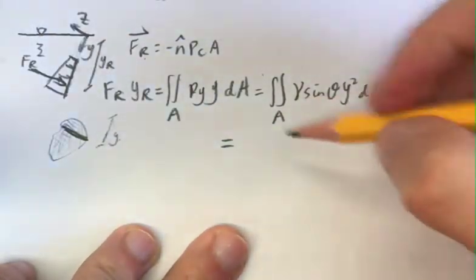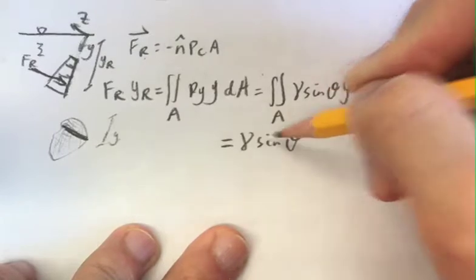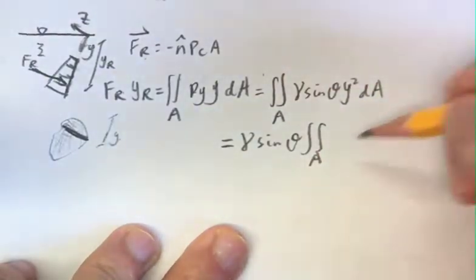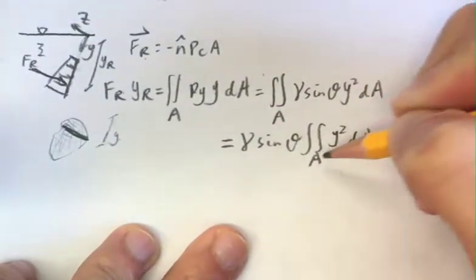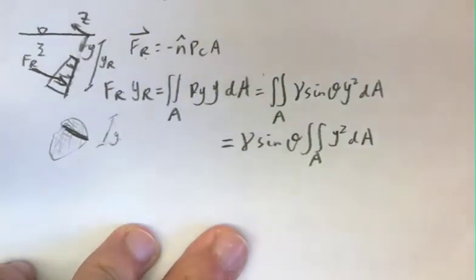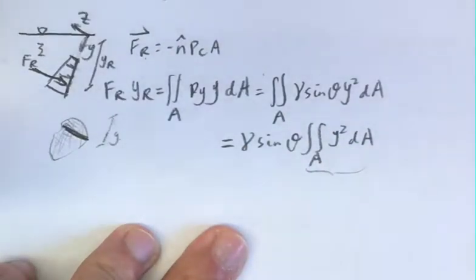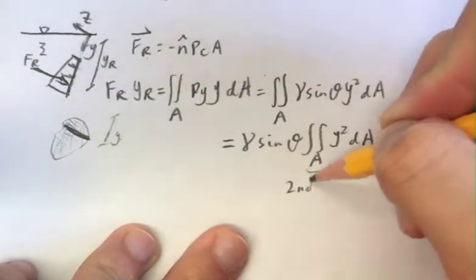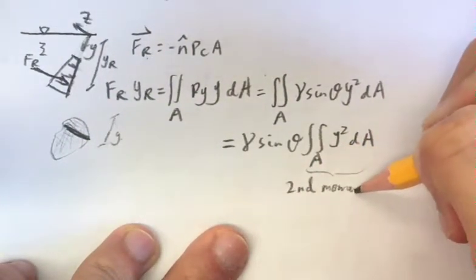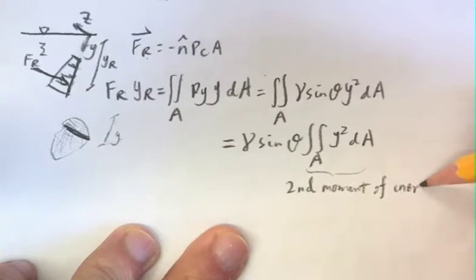Gamma sine theta is a constant. We can pull this out. Gamma sine theta, the integration of y squared over the area of the board, and this thing has a name. Do you know what that is? It's called the second moment of inertia.